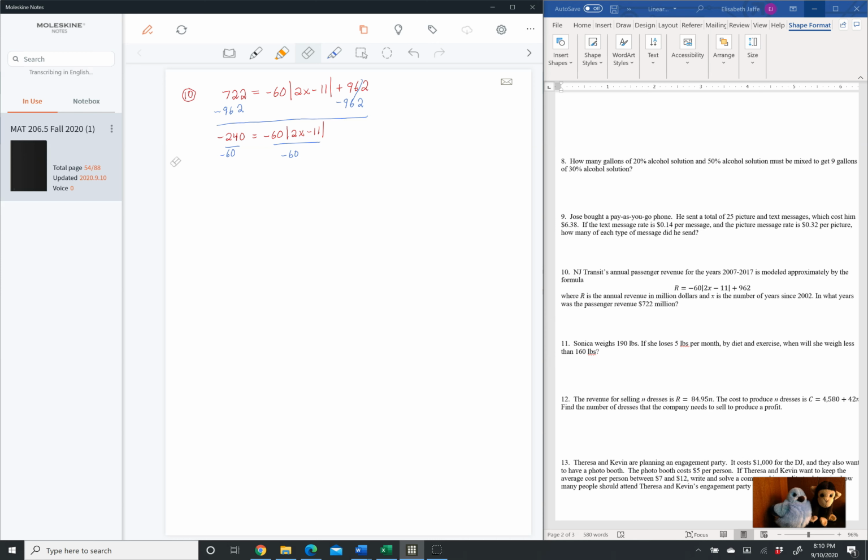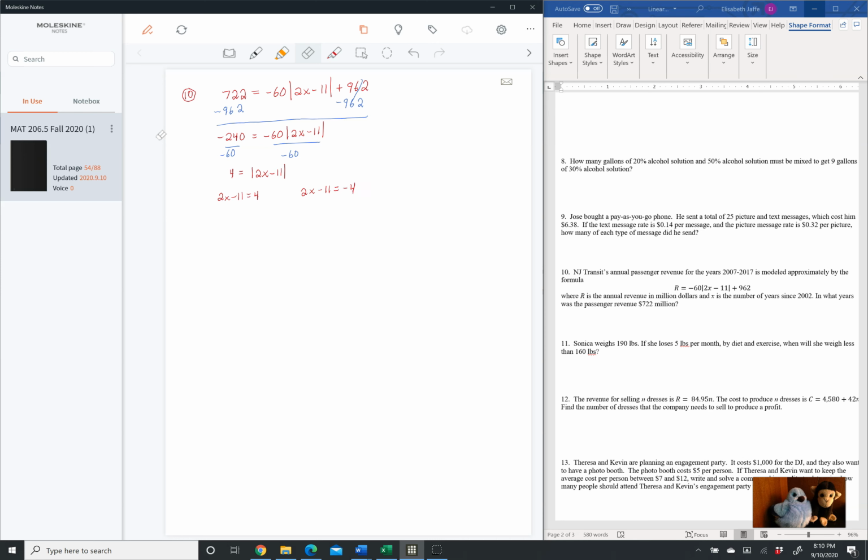We get a 4 here, so 4 is equal to the absolute value of 2x minus 11. This is an absolute value equation, so please keep in mind absolute value equations yield two linear equations. 2x minus 11 equals 4, and 2x minus 11 equals negative 4.